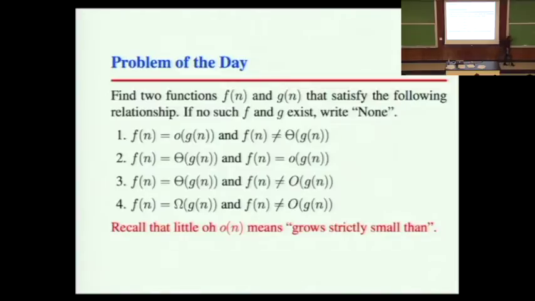And now this says f(n) is not theta of g(n). This is what theta of g(n) would look like. So obviously, if f(n) is not theta of g(n), f(n) can be little o of g(n). So what is a function that does both? Yeah, easy.